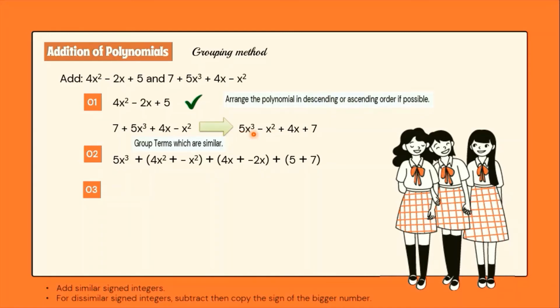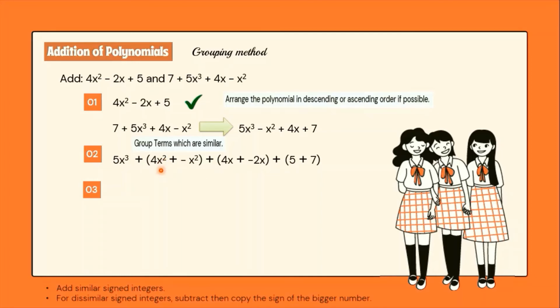So itong 5x cubed, wala siyang plus or minus sign, automatic positive ito. Itong x squared ay sumunod kay minus. Therefore, siya ay minus or negative x squared. Si 4x naman positive, so positive 4x ito. At ito naman ay positive 7. Kaya naman, naging negative x squared siya.